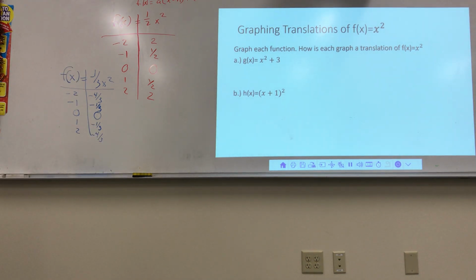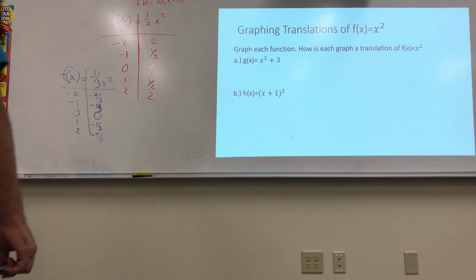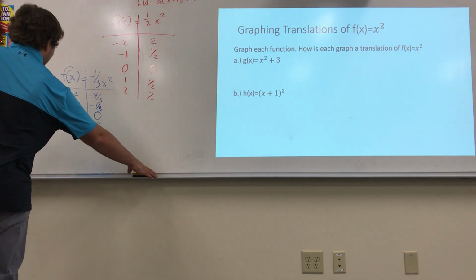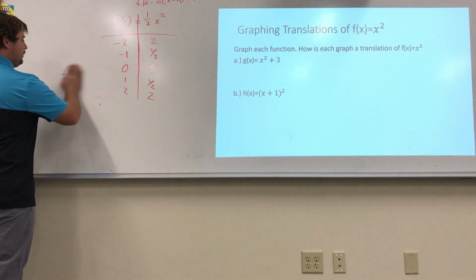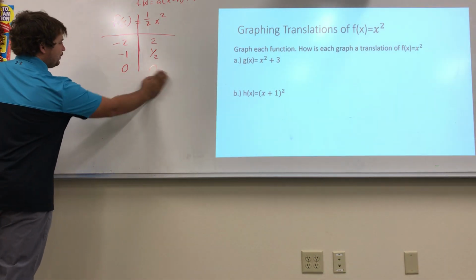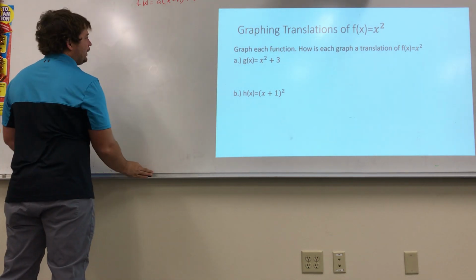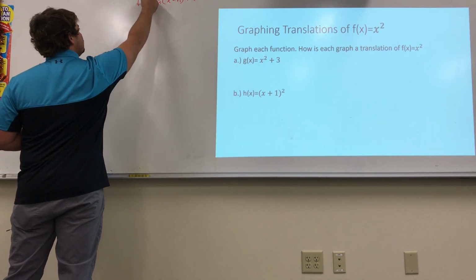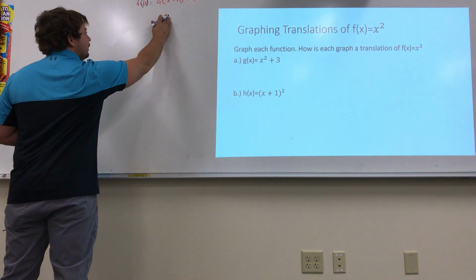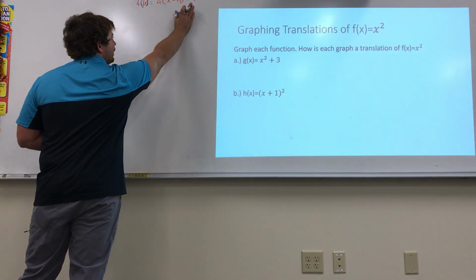Graphing translations of f of x equals x to the second. Okay, we are going to do the charts here. Now, if you remember your absolute value, this might be really, really easy. Okay, if I was looking at this equation, what number am I subbing in for k?